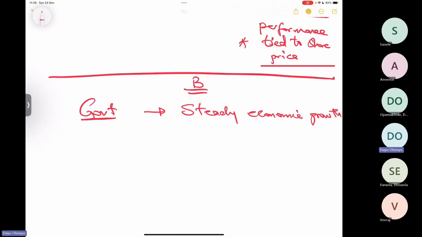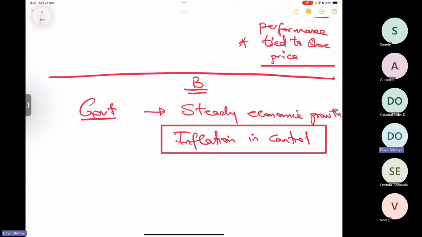And to achieve this steady economic growth, inflation has to be put in control. Because if the government is not able to do this, then either the economy is overheating, or it's even going into recession. So you don't want too low inflation, you don't want too high inflation, but you want a steady inflation that is just optimal for the economy.